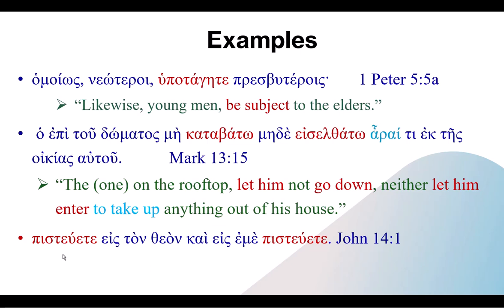So it could be believe in God, and probably also here, and in me believe, or believe in me. If it's imperatives, believe in God and believe in me. But if it's indicatives, it's saying you believe in God, also you believe in me.